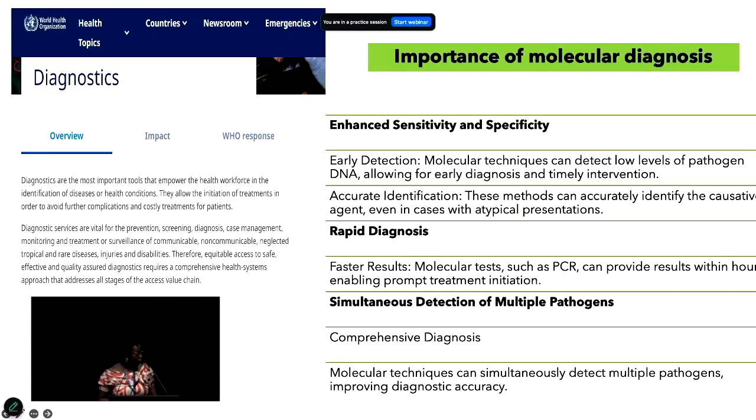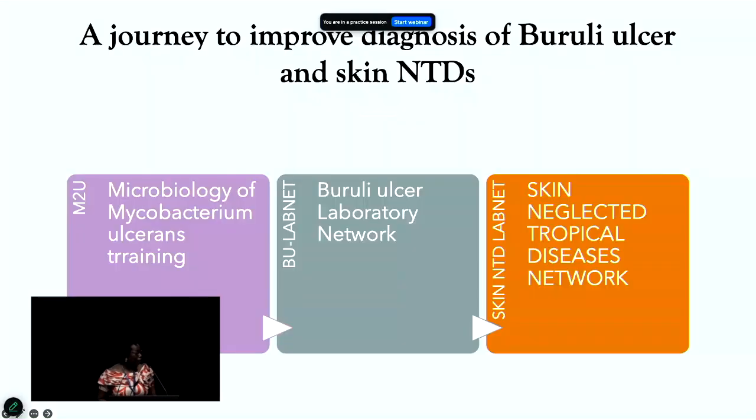So with that in mind, I would like now to share my journey to improve this Buruli ulcer diagnosis, from the implementation of the diagnosis in our country to training African people to implement diagnosis in their country, organizing laboratory network for Buruli ulcer and on skin NTD.